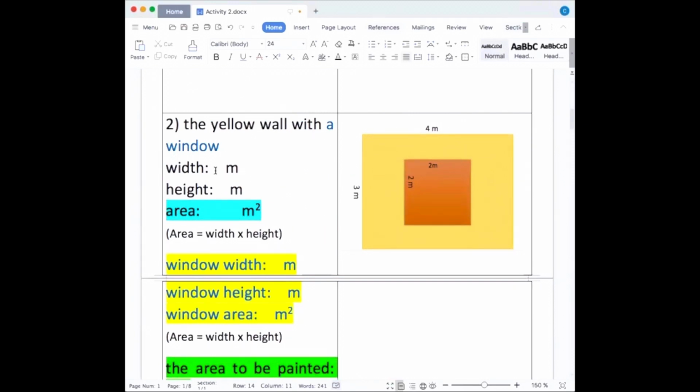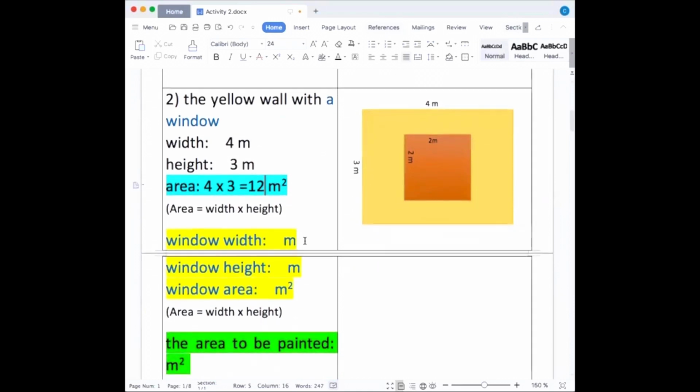Could you please tell me the width of the yellow wall? Yes, 4 meters, and the height is 3 meters. Yes, and we can count the area is 4 multiplied by 3, we can get 12 square meters. That's good. And now we will calculate the area of the window. The window is 2 meters wide and 2 meters high. It's a square, right?